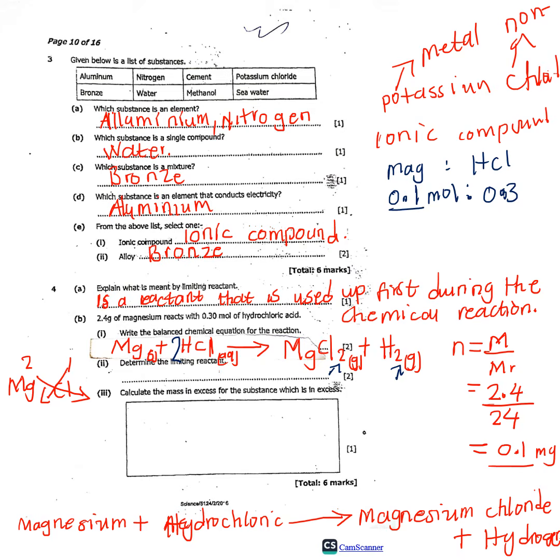Now we need to divide by each mole ratio. The mole ratio is the number in front of the reactant. The number in front of magnesium, since it's not shown, is 1, and the number in front of HCl is 2. So 0.1 divided by 1 is 0.1 moles. Then let's divide the 0.3 by 2. This should give us 0.15.